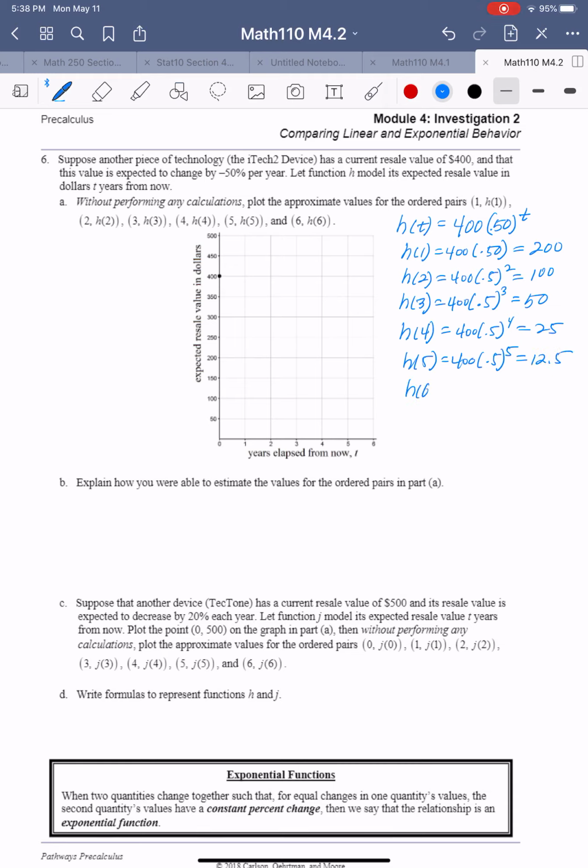And the sixth year, 400 times 0.5 to the sixth is $6.25.